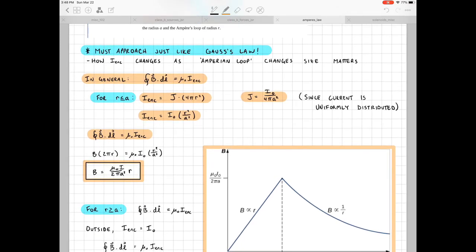So that means for our analysis, we've got to evaluate B dot dl over this path integral. Well, that's just exactly what we've been doing in the previous problem.